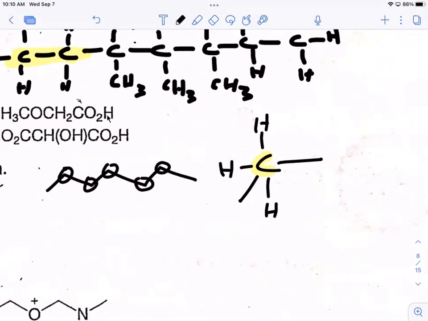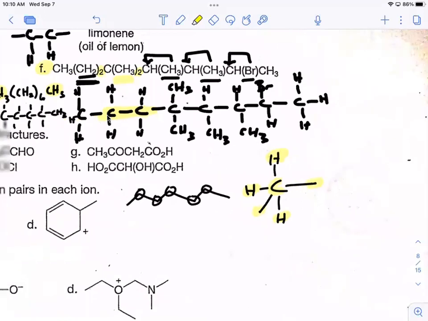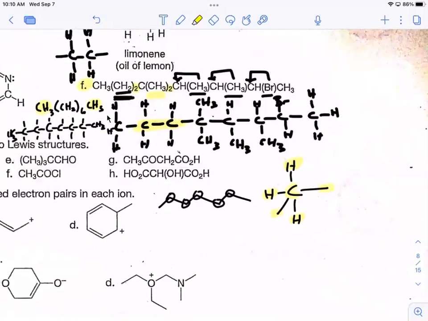Yes, sir. Now how many bonds does it have? It's got 5 bonds to it. So anytime you see a CH3 in the middle of a chain, it's going to be attached to it. It's not going to be a part of the backbone. That's a great question. Did I answer it? Yes, sir.